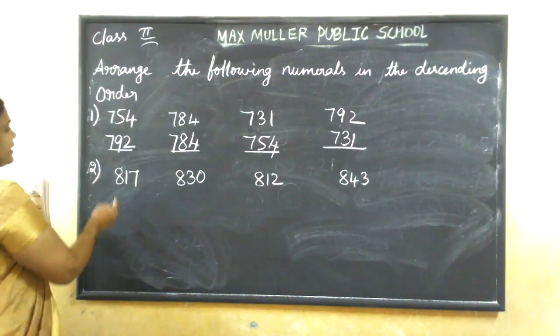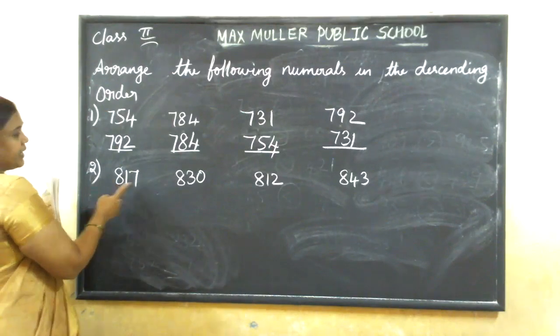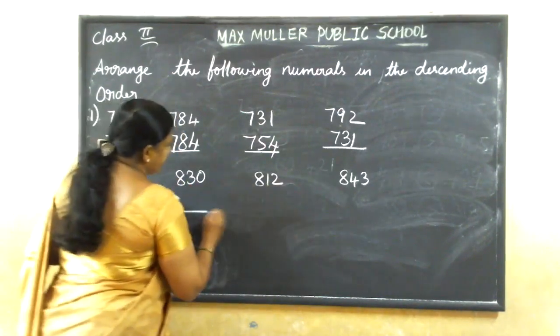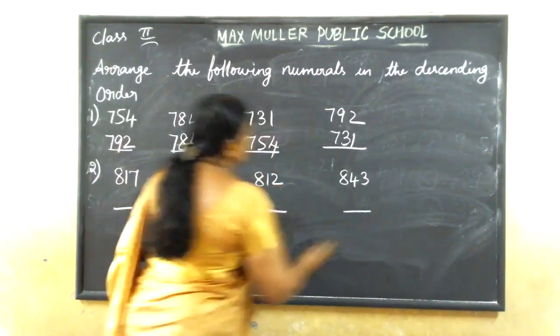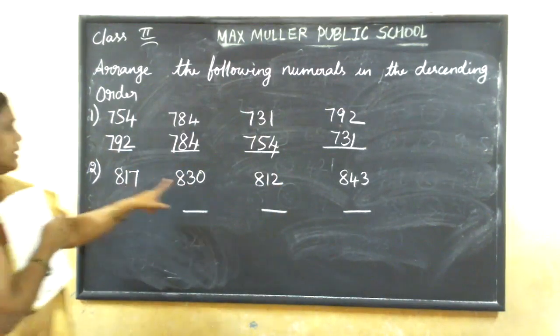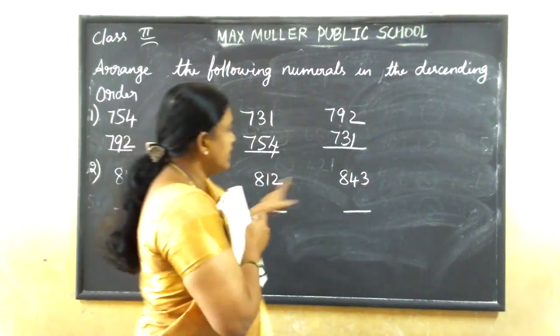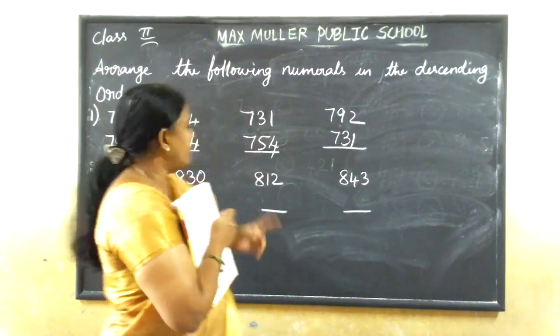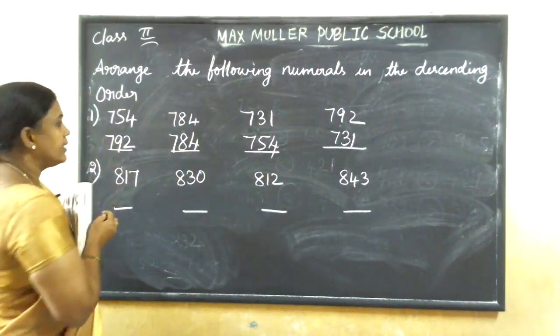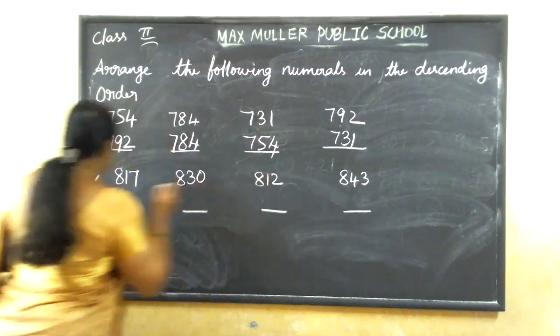See the hundreds place: here also 8, 8, 8, 8. Now we will go to the tens place. See, in tens place, here 1, here 3, here 1, here 4. Which is the big number? 843.